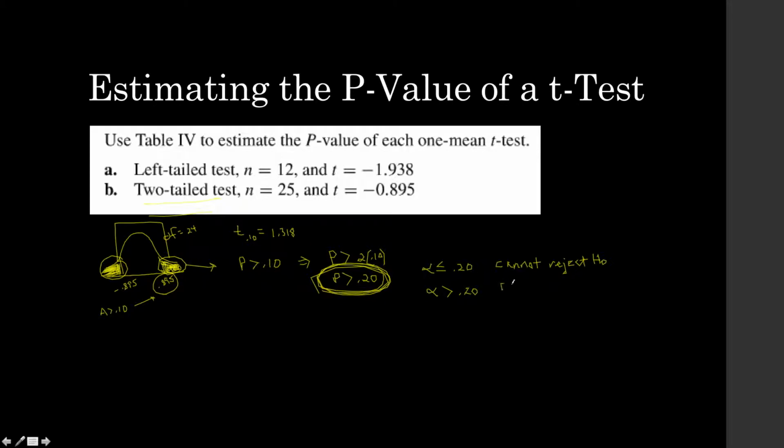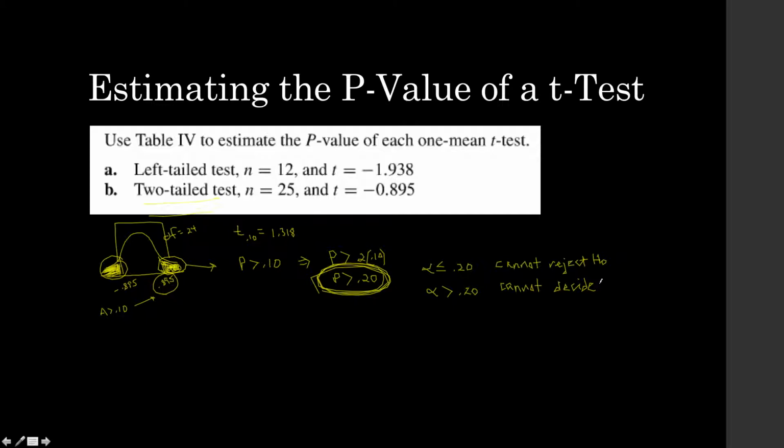Because of that, we cannot decide. Table 4 doesn't give us enough information to make a competent decision, so it's not sufficient. You would need some kind of statistical software to be able to decide that. Okay? Alright, so now we do have a step-by-step guide for doing a t-test.